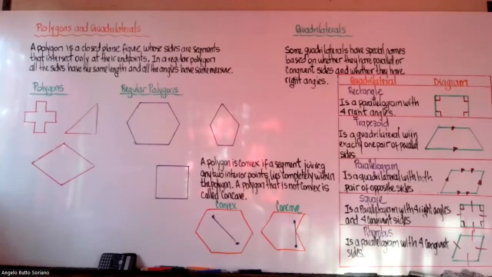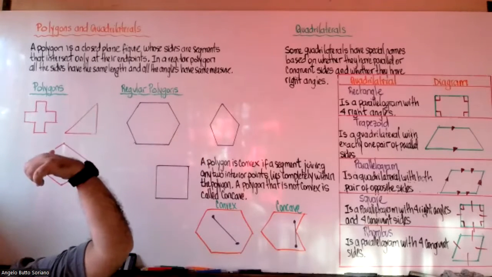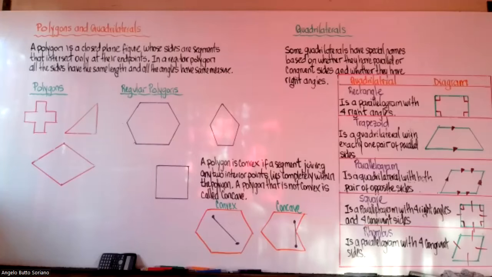Well, at the intersection points, I'm going to create a geometric shape. Okay. For example, as you can see in the left column, we have a cross, just like a red cross. As a matter of speaking, this is going to be a polygon because we have some intersection points located over there. Another polygon, we're going to have a triangle. We are not specifying if this is a right angle or not, but remember, we have three intersection points that are going to create geometric shapes.